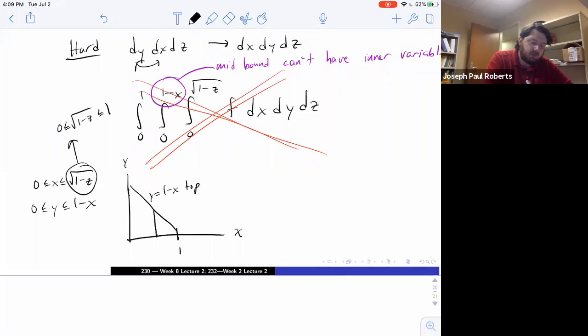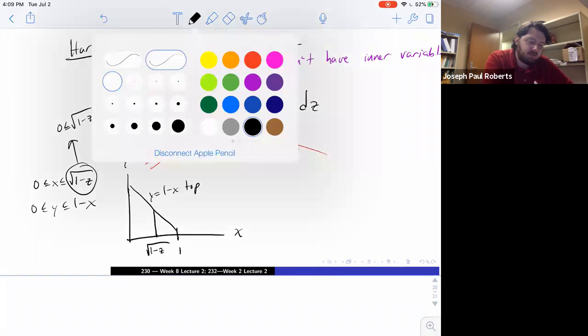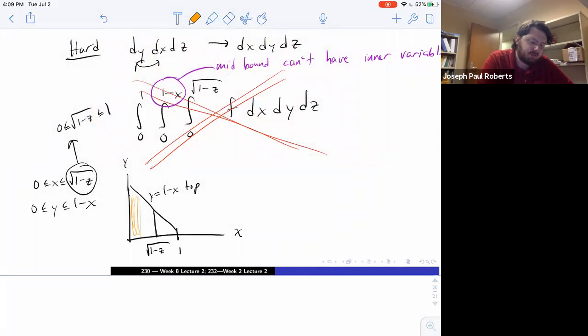So basically what happens here is that you're going to have to draw in this square root of 1 minus z as it's going to result in this xy picture being a trapezoid as opposed to that entire triangle.